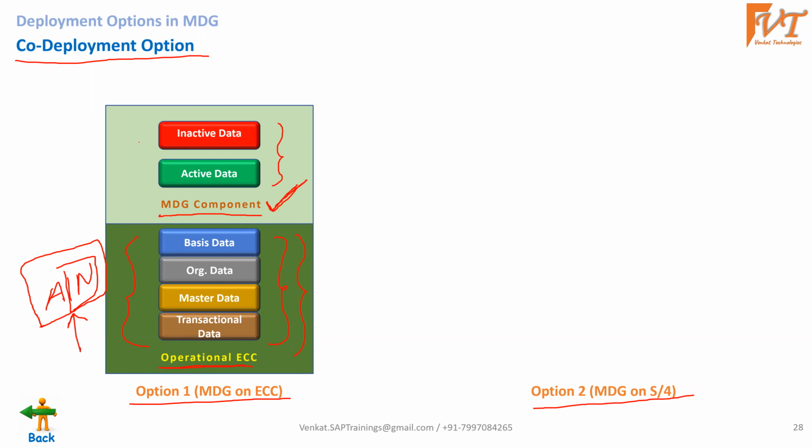Just for now, keep your understanding that there are two types of data in MDG: inactive data and active data. That's it. This is operational ECC with the MDG component installed. This is option 1 of co-deployment. And we have another option. Let's say our operational system is not ECC, it's an S4 system, a HANA system.